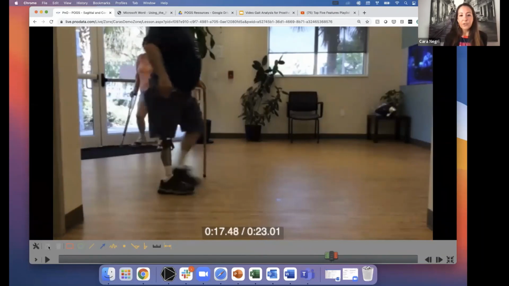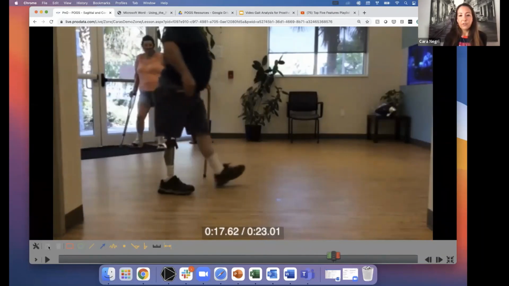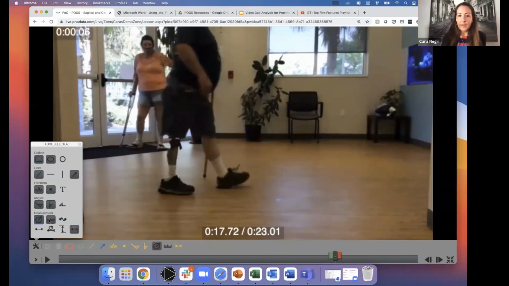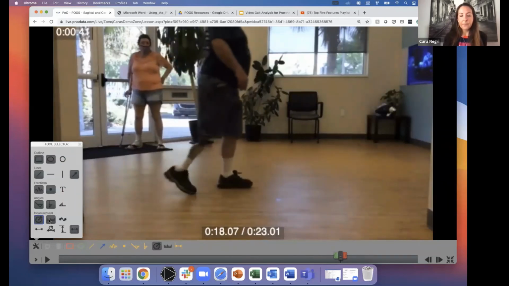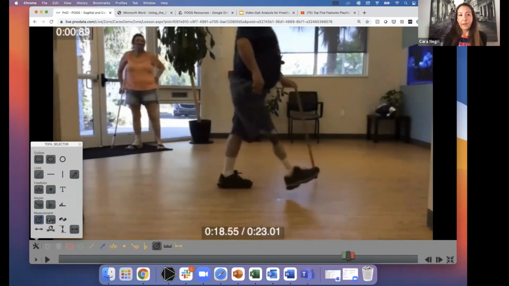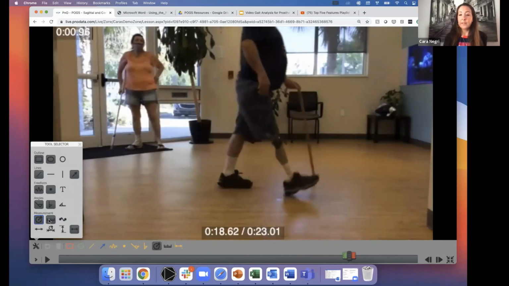Okay, so we'll just look at stance time of the contralateral side. And so we had 55 seconds. And now we're going to look at stance time of his sound side, which was 96 seconds.